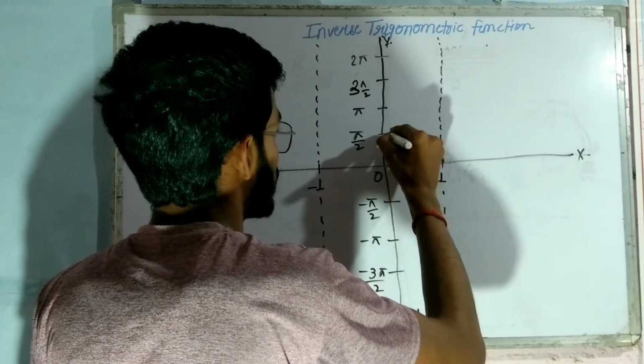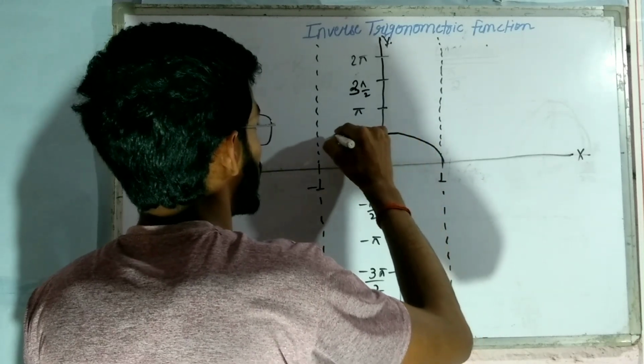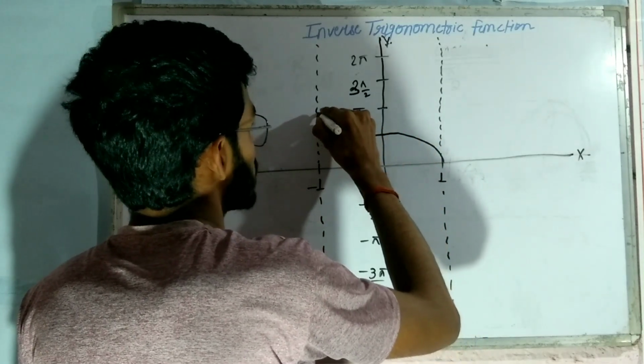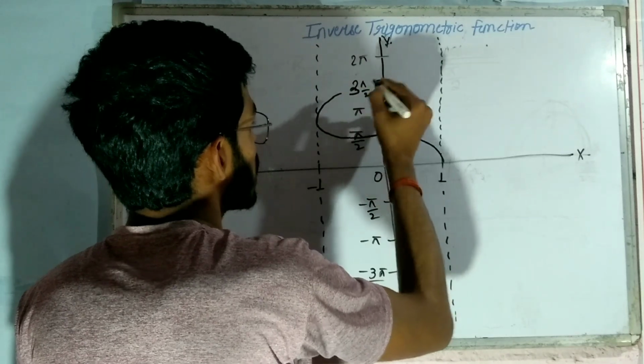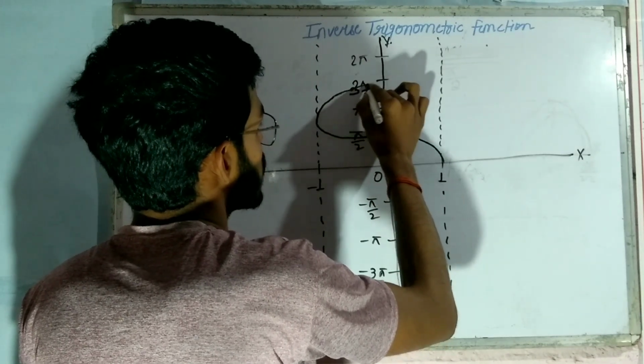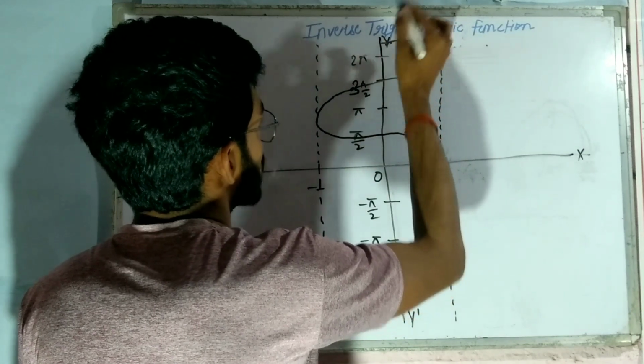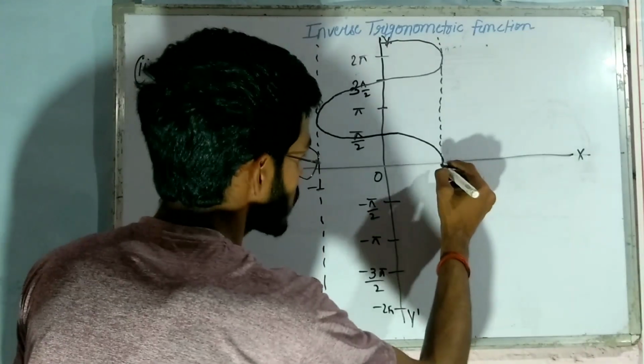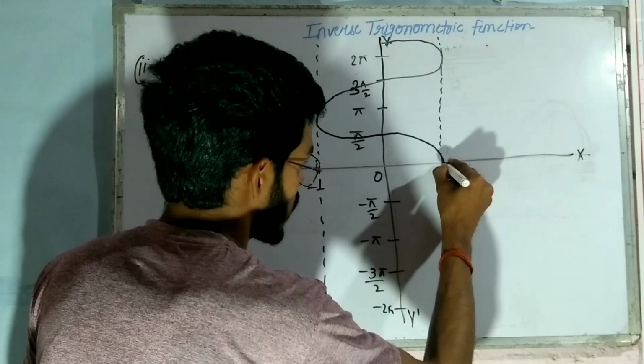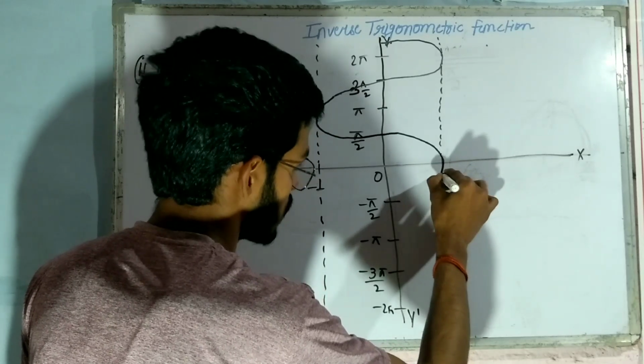it will cut at pi by 2 on the y-axis, and will pass in front of pi and cut at 3 pi by 2, and it will be moved on, similarly on the negative y-axis.